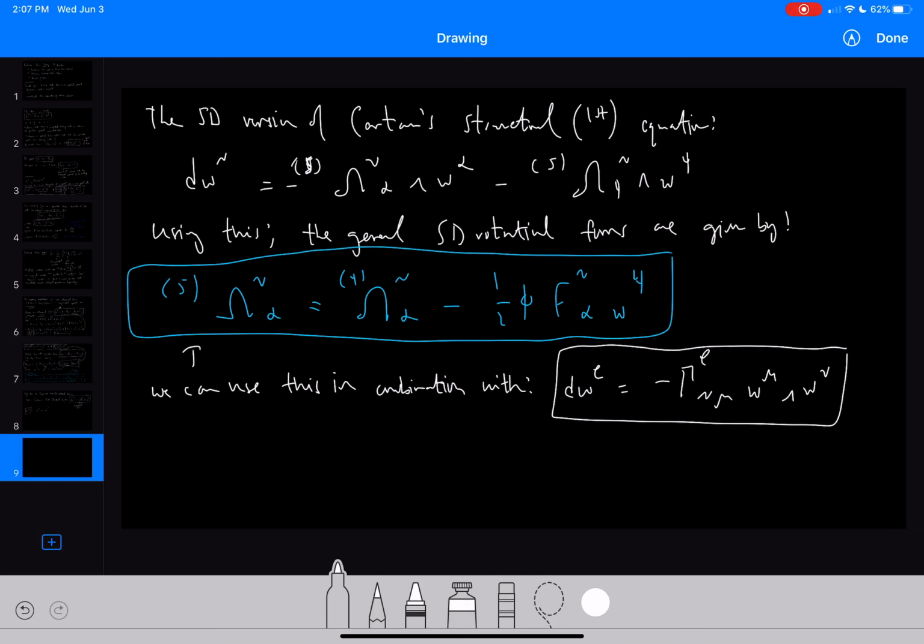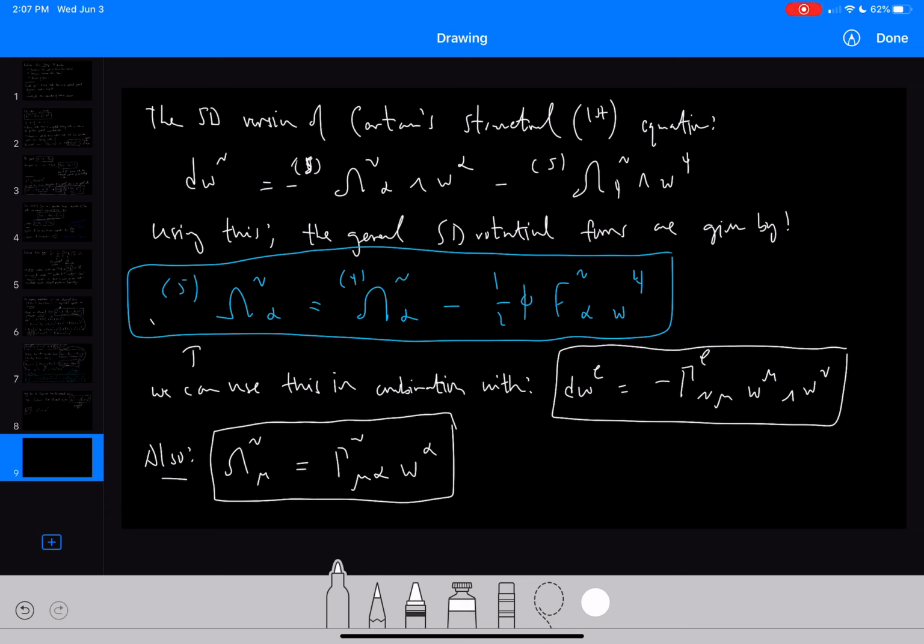And then also we have that the rotational forms in general are defined by omega nu mu is equal to that, so mu alpha omega alpha. Okay, so by definition we will use these two definitions together, and we can use them to come up with the connection coefficients.